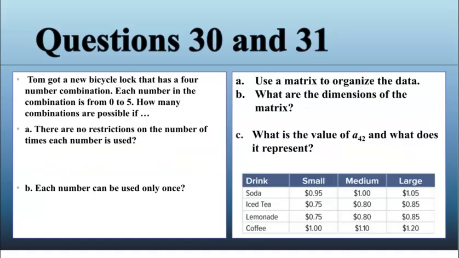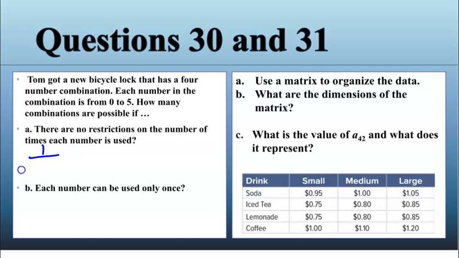Question 30. Tom got a new bicycle lock that has a 4 number combination. Each number in the combination is from 0 to 5. How many combinations are possible if there are no restrictions on the number of times each number is used? Well, I can only have one of that combination.